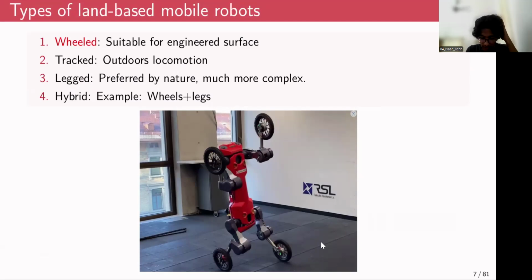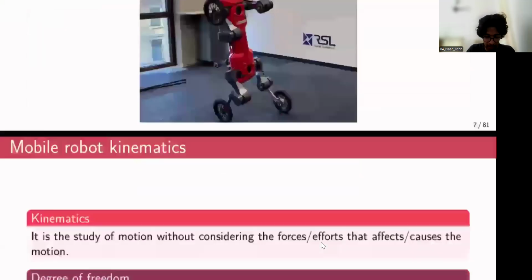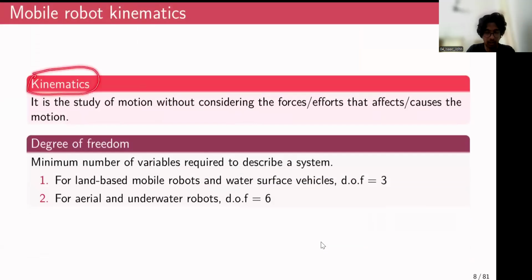And then we have defined what we actually study using kinematics. So we then get on to the mechanics part of the course. The first three lectures deal with the mechanics of wheeled mobile robots.